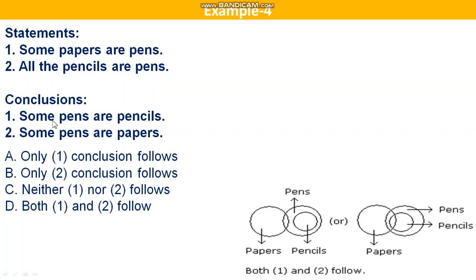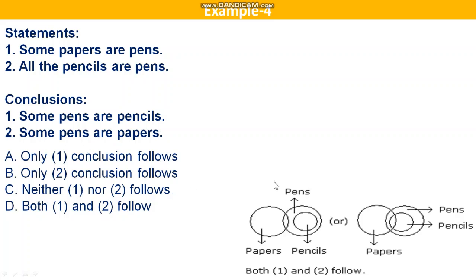Statement number 1, some pens are pencils. That is true as per both the Venn diagrams. Number 2, some pens are paper. That is also true as per both the Venn diagrams. So conclusion 1 as well as conclusion 2 follow.